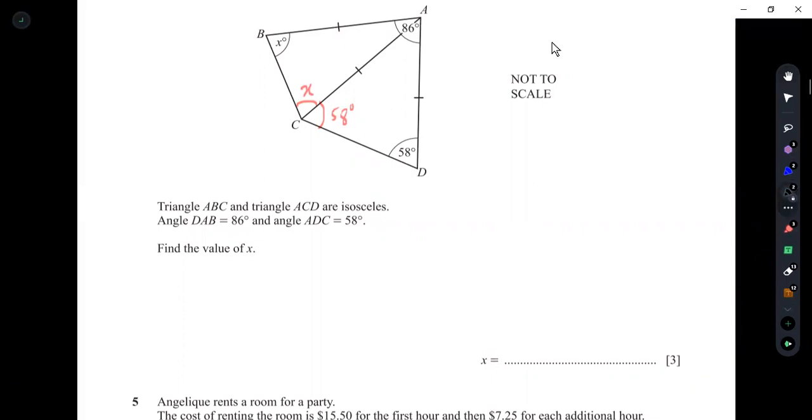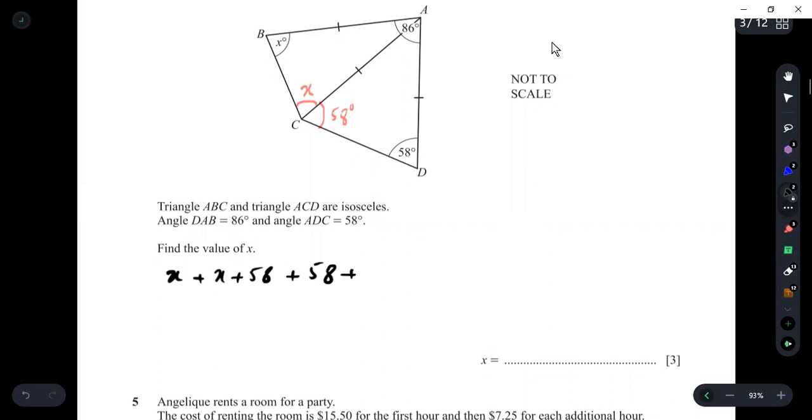If I start from X, plus 58, plus 58, plus 86. So these are the different angles that we have.